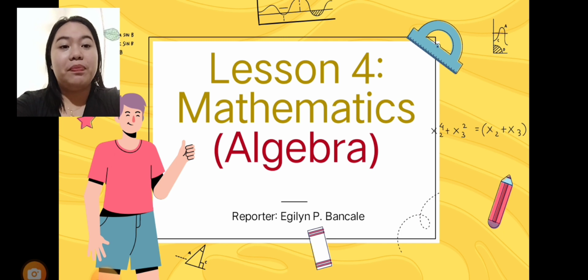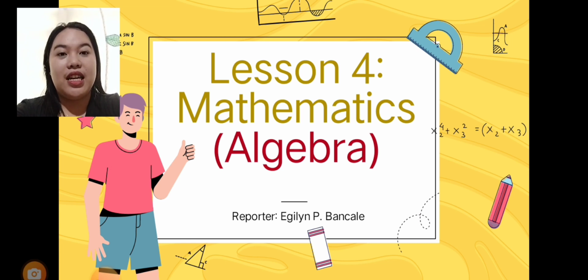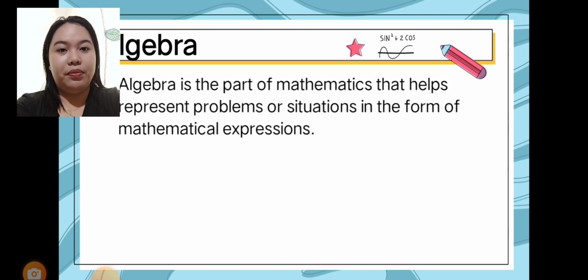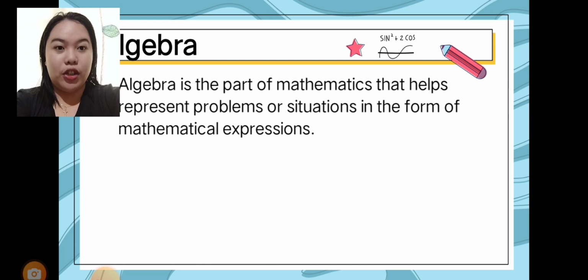So today, I will be talking about the different specific topics under algebra. Now, let us proceed to lesson 4 in mathematics subject, specifically in algebra. So what is algebra? Algebra is the part of mathematics that helps represent problems or situations in the form of mathematical expressions.